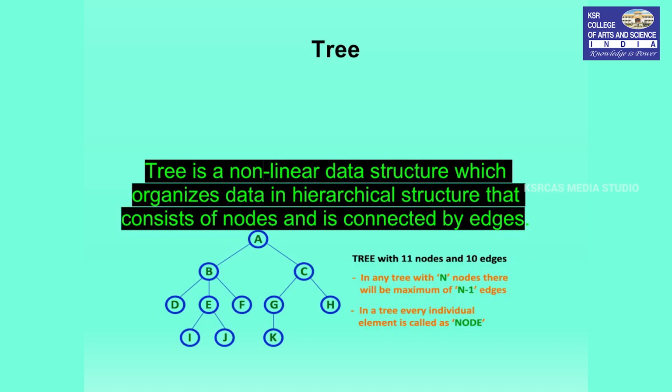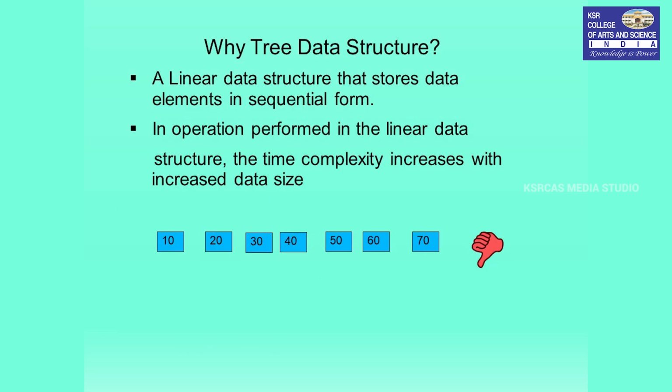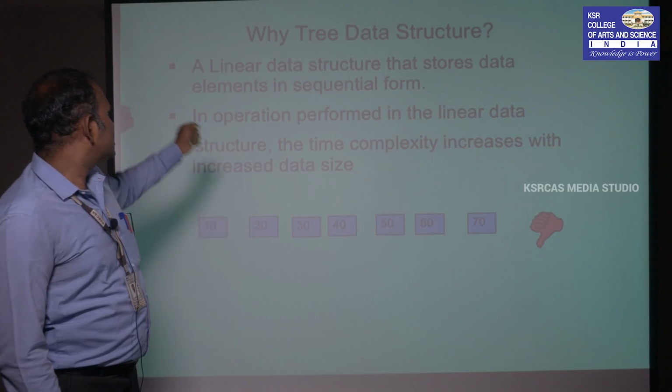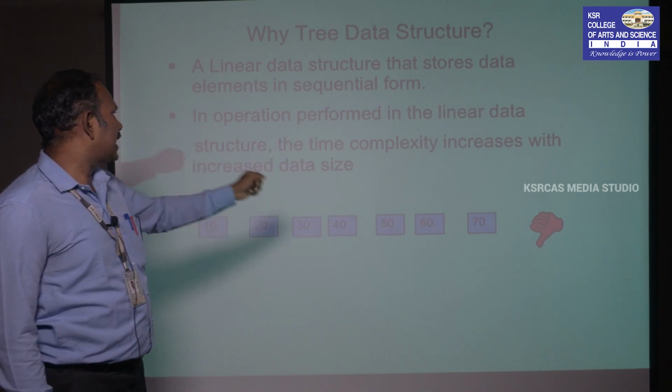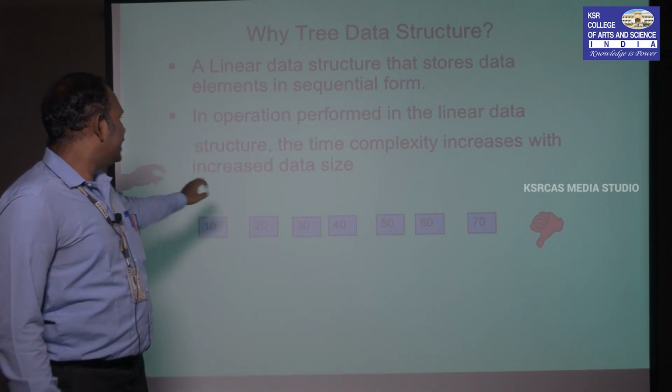Why do we go for the tree? Because we already have a lot of types in the data structure. A linear data structure stores the data elements in sequential form, so the time complexity increases with the increased data.